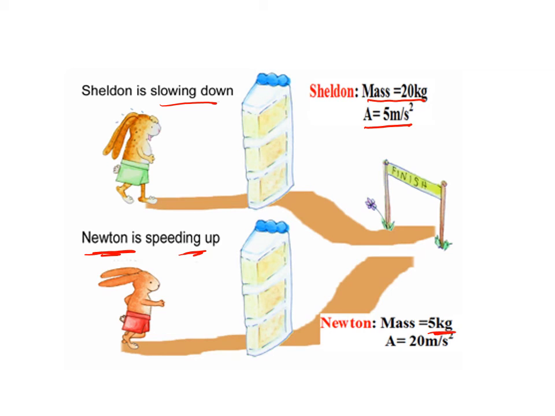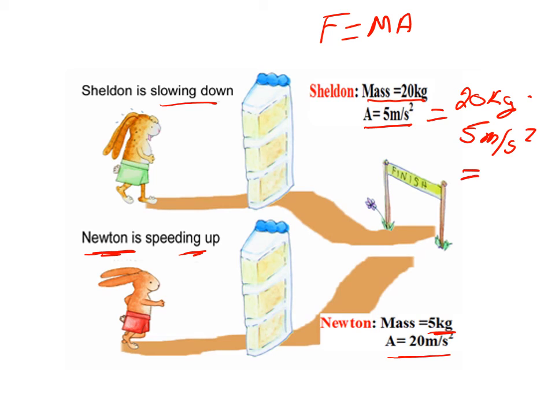He has a mass of only 5 kilograms and an acceleration of 20 meters per second squared. And we want to know force. So we know from our equation note card that force is equal to mass times acceleration. If we figure this one out, we've got 20 kilograms times 5 meters per second squared. That would equal a force of 100 newtons.